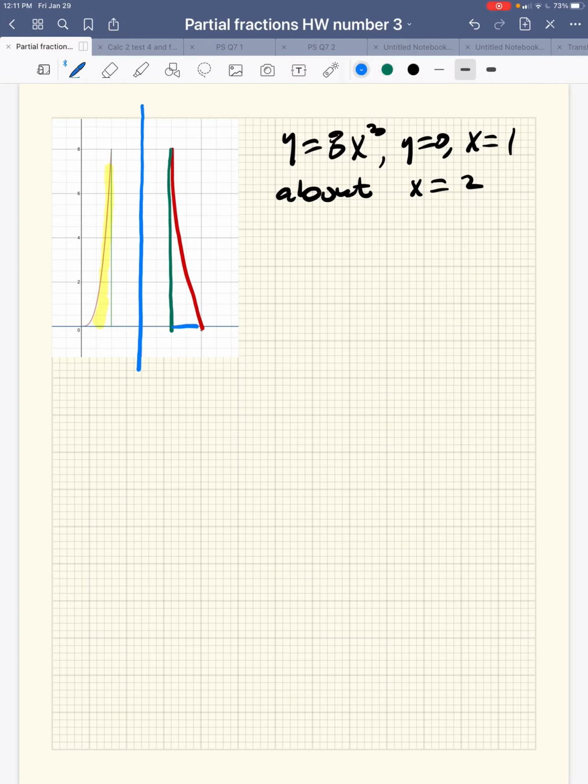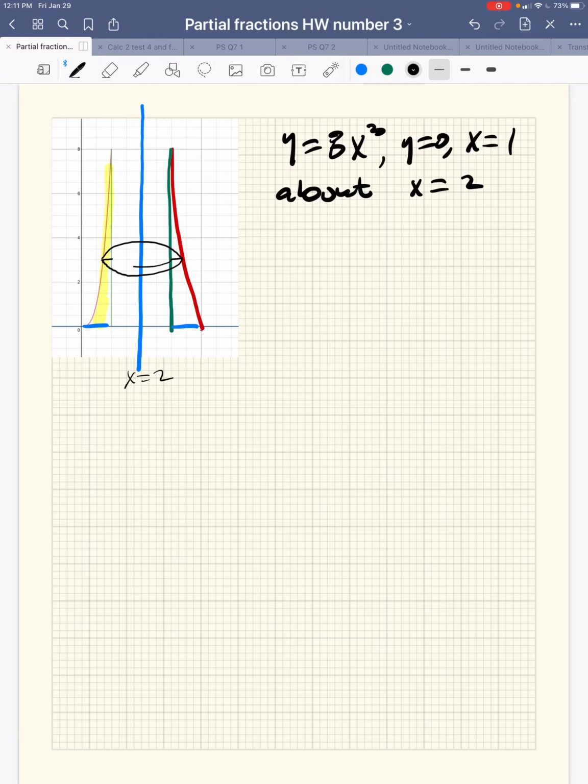And if we were to draw a representative section here, and we're going to use the washer method, so I'll draw lines that are perpendicular to the axis of rotation, and then see what this thing looks like here.